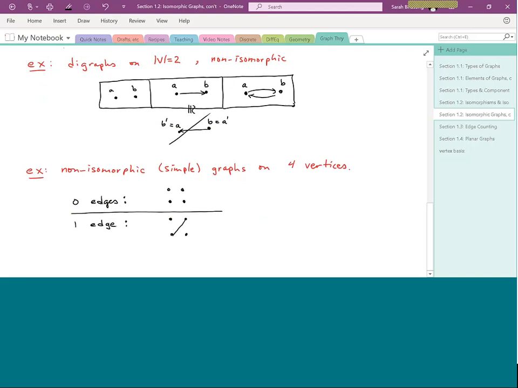Yep, just 1. Why? Because if you went and drew the second one, maybe put the edge on the outside instead of the diagonal. Notice, while you could physically put the edge anywhere you wanted to, along the outside edges or either of the diagonals, so there's 6 possible edges you could grab, as soon as you're saying don't list somebody who's isomorphic to somebody else, these 2 graphs are isomorphic to each other.